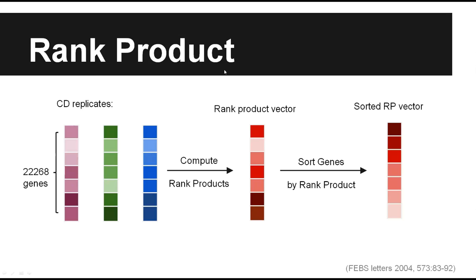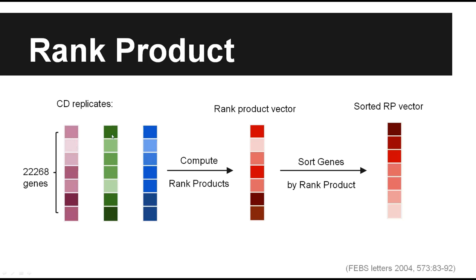To apply the rank product method, you first sort the genes in each replicate by their component value, and then each gene will have a rank in this replicate. And you do the same thing for the other 2 replicates.